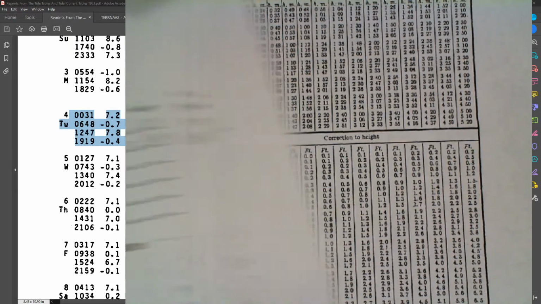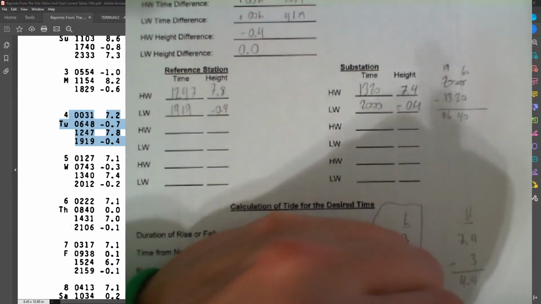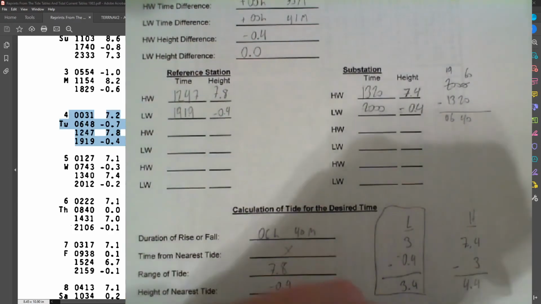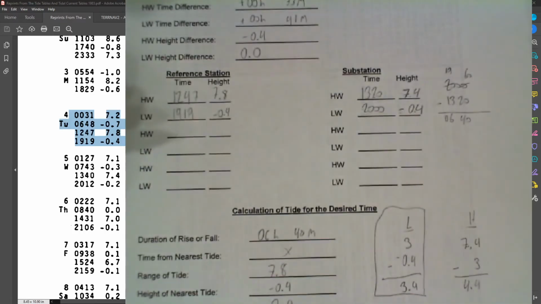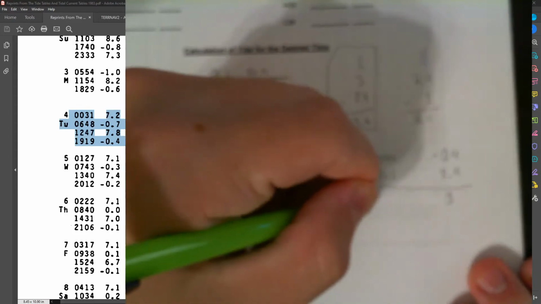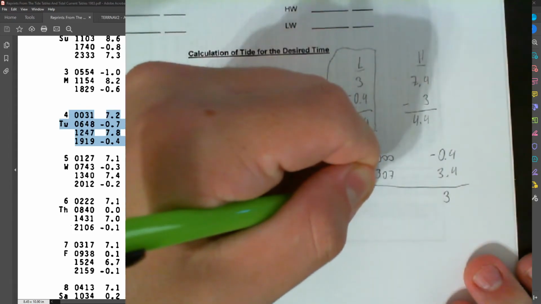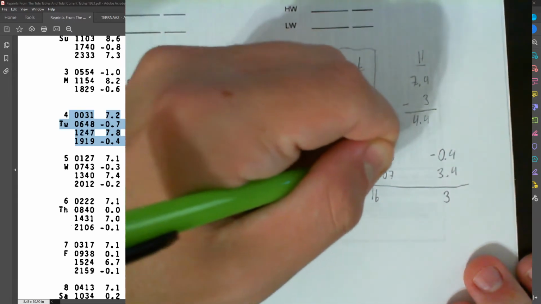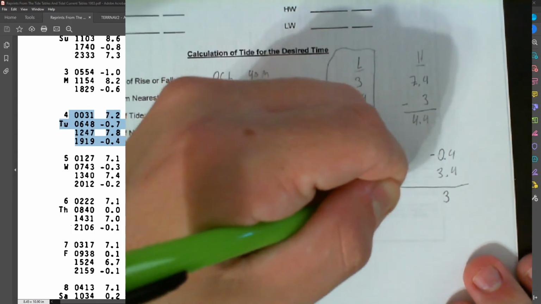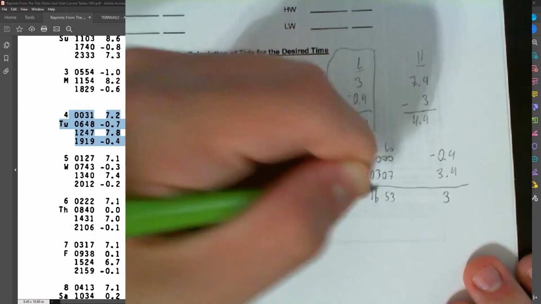So we come back over here and we put in 0307 and we subtract. When you subtract, because you're trying to get the closest to 1400 you can, you get 16, 53; 19 minus 3 is 16.